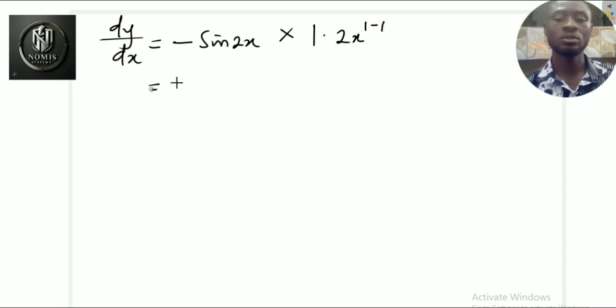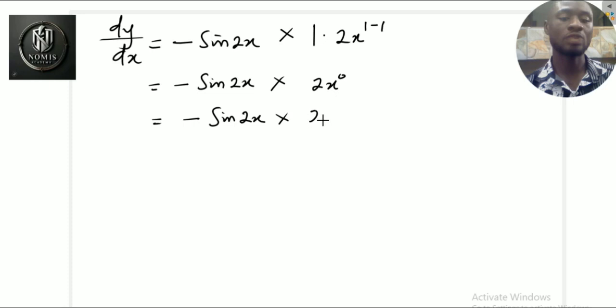So this is equal to minus sine 2x multiplying 1 times 2x is 2x. 1 minus 1 is equal to 0. So x to the power of 0 is 1. That makes it 1. So that will be minus sine 2x multiplied by 2 times 1, which is 2.